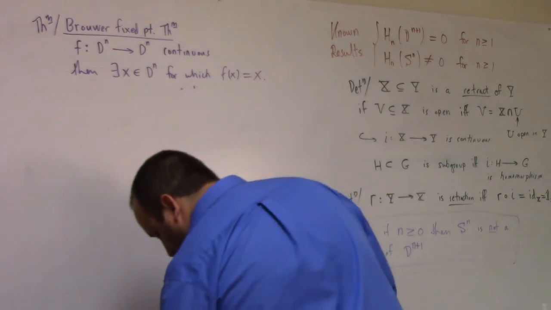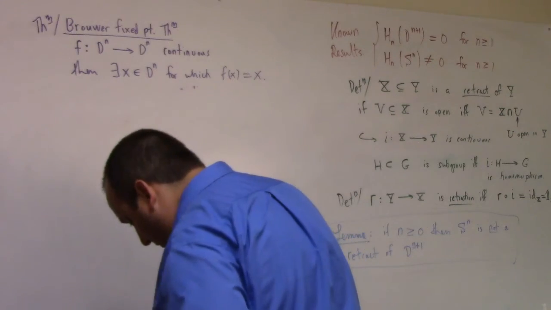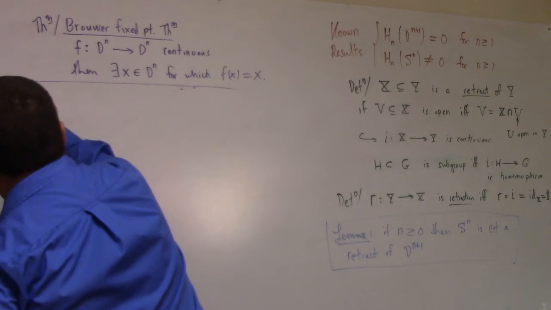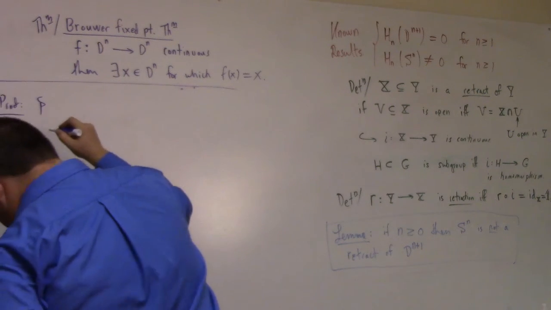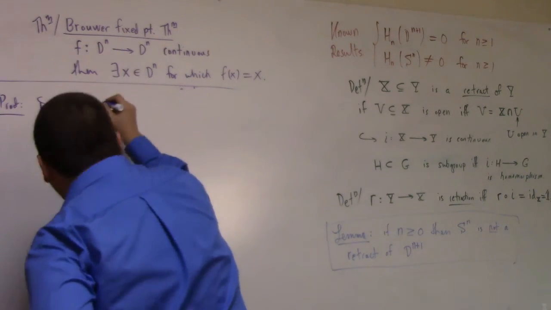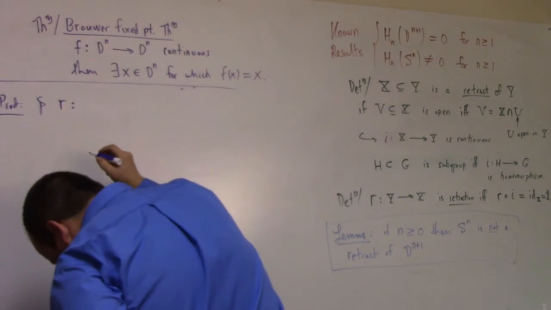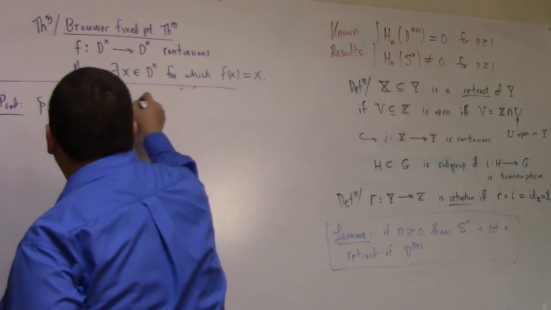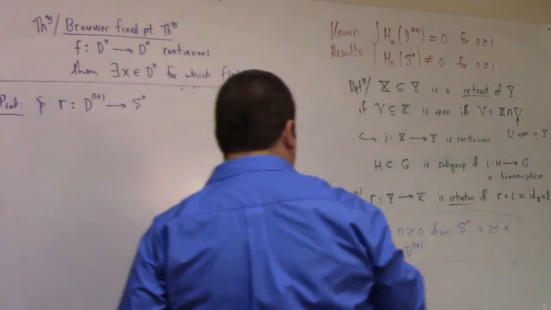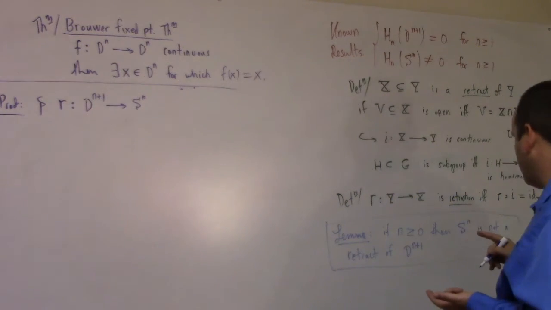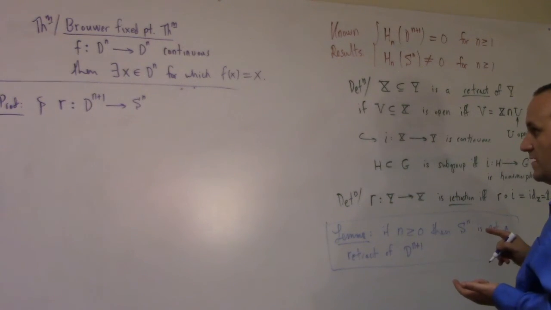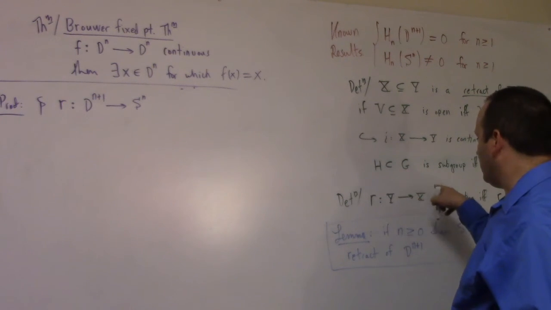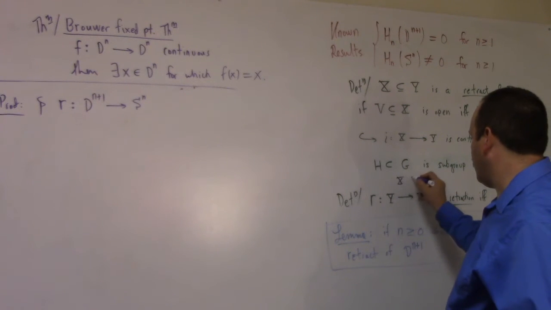So we suppose that there were, all right. Suppose that R from Dn plus 1 to Sn, right? Let's see here. This is all in the context of X being a subset of Y, right?